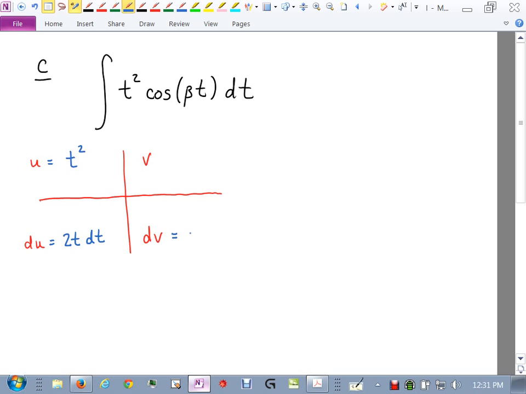My dv was forced to be the cosine beta t dt. And when I go up with this, what happens? 1 over beta sine beta t.